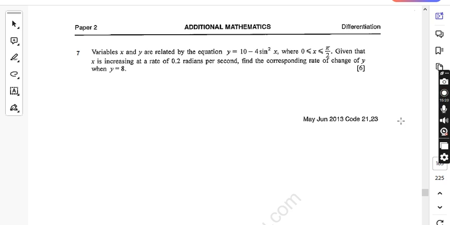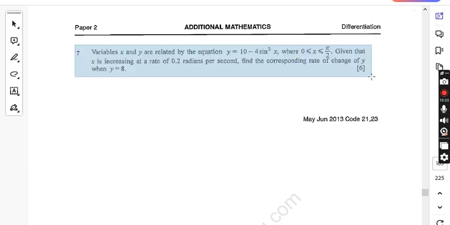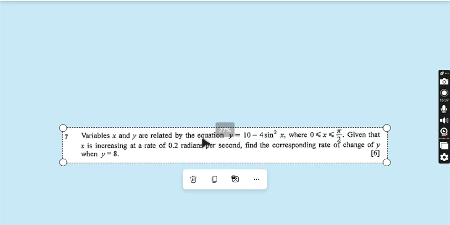Given that x is increasing at a rate of 0.2 radians per second, find the corresponding rate of change of y. This question came in May-June 2013, paper 2-1 as well as paper 2-3, and the total mark is 6.